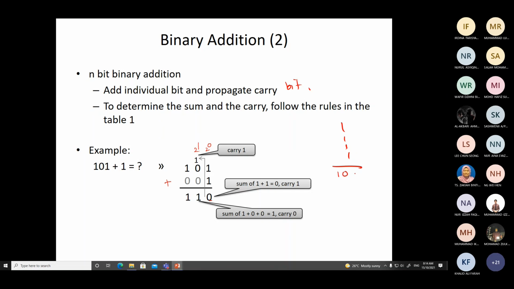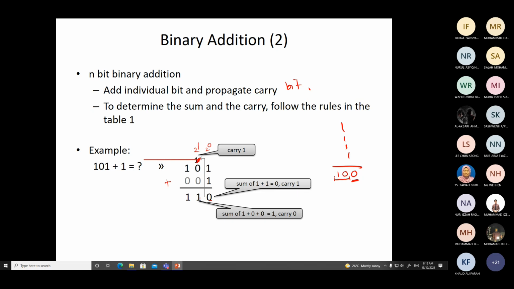So 4 in binary will become like this: the sum would be this bit 0, and then the carry will become 1, 0, which is 2. If you want to carry forward, you carry this 2 bit 1, 0. For this example, we only carry 1 bit here.